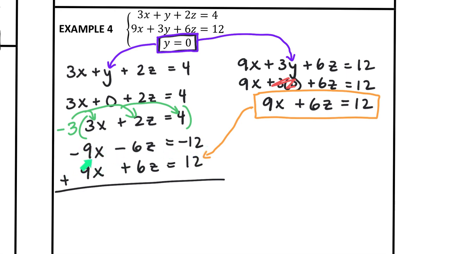So what's negative 9 plus 9? Cancel. What's negative 6 plus 6? Cancels. So I have 0 equals, what's negative 12 plus 12? 0.